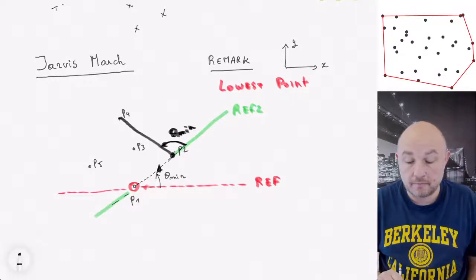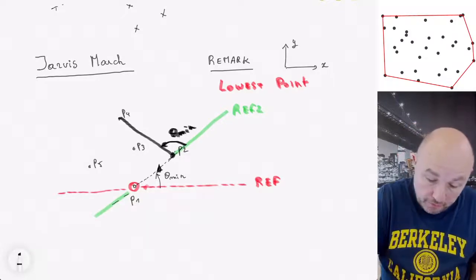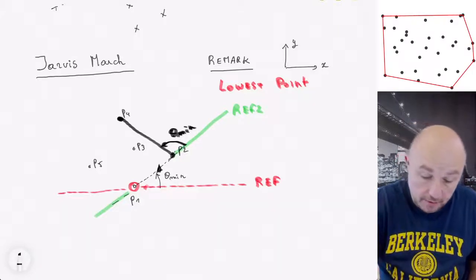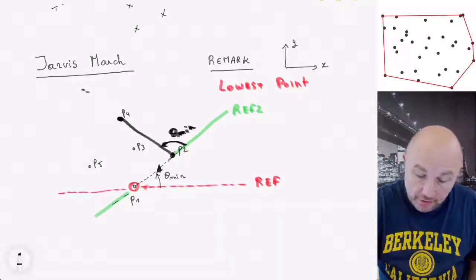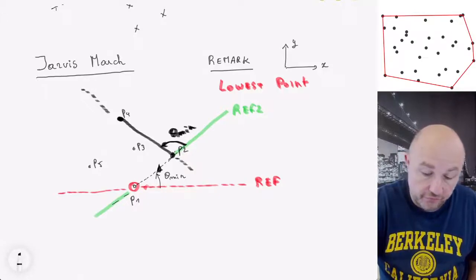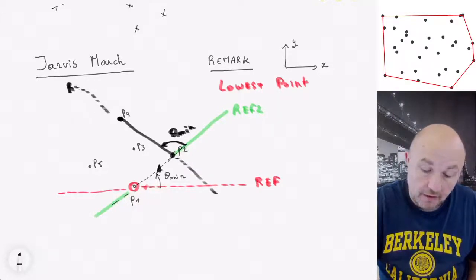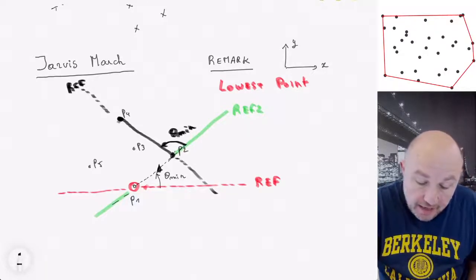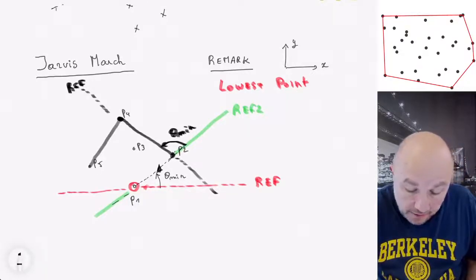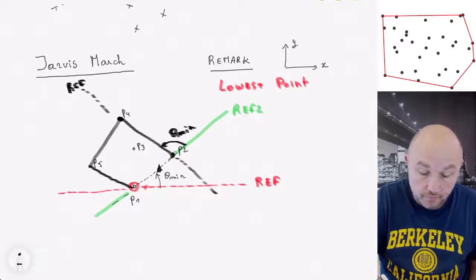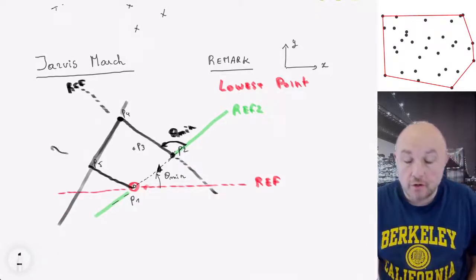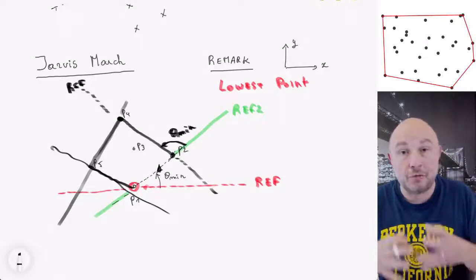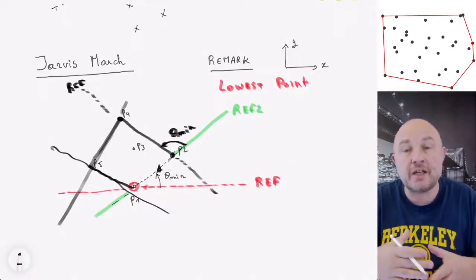Again, point P4 belongs to the convex hull, and you have now a new reference. This process eventually leads to the computation of the convex hull, computing each time a new reference and browsing, in brute force, all the points to get the next one.